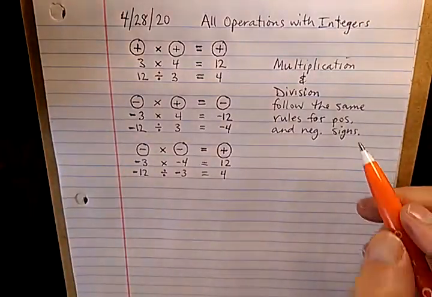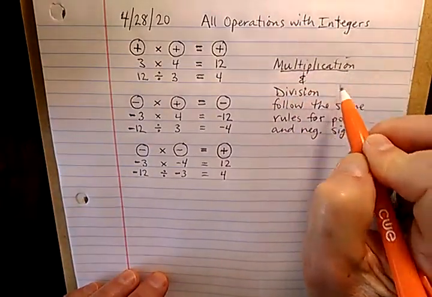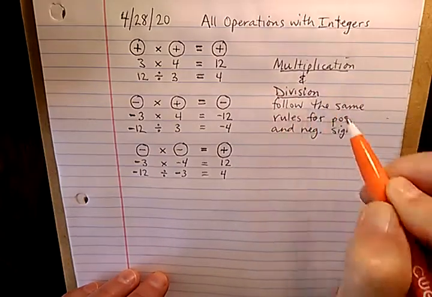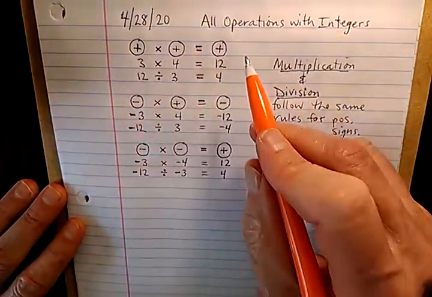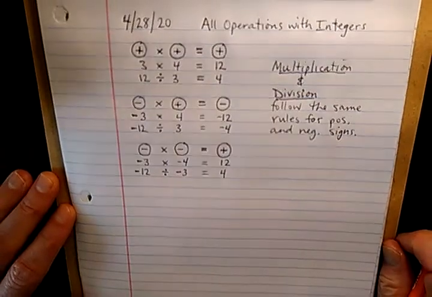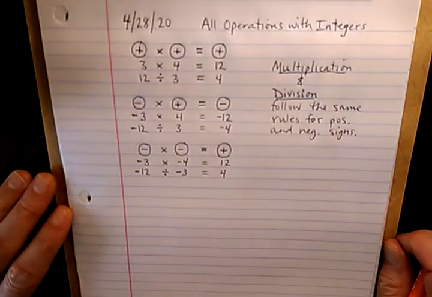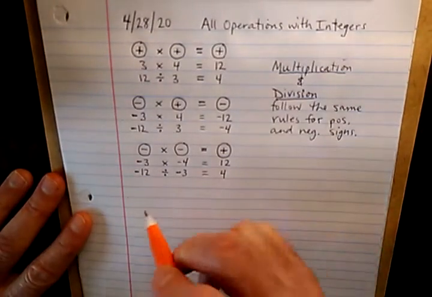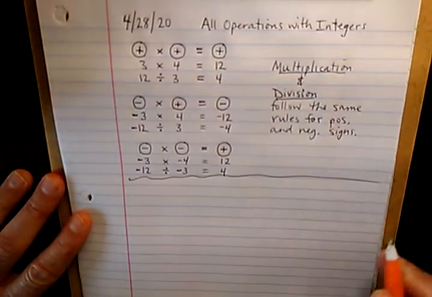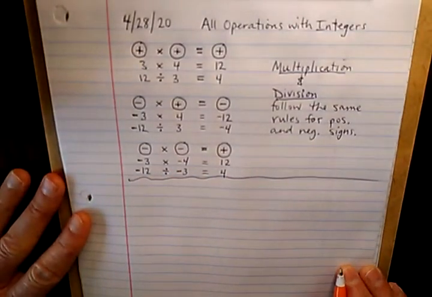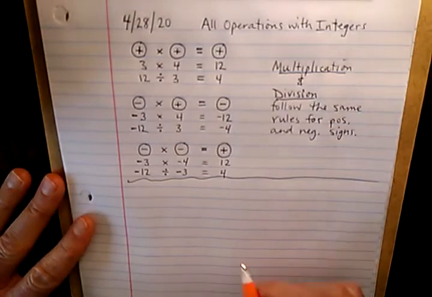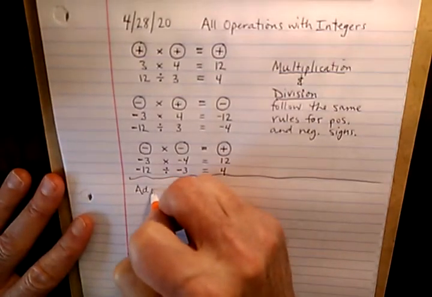Okay, multiplication and division follow the same rules. So these rules apply to both of those. Okay, draw a little line there, and we're going to go to addition now.